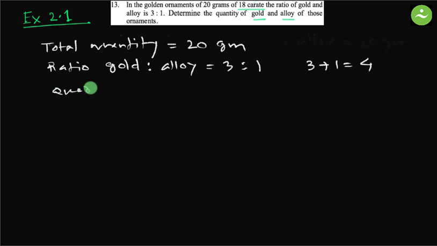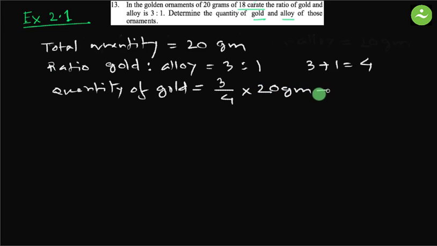So the quantity of gold equals 3 by 4 multiplied by the total quantity, that is 20 grams. Now simplify, divide both by 4, this will be 5 and this will be 1. So 3 into 5 is 15 grams.